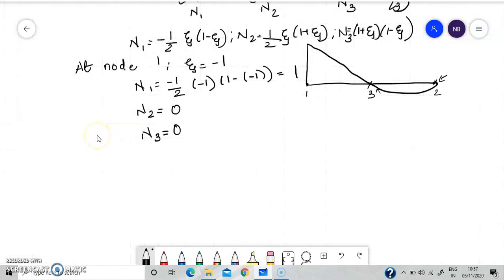The same we have to do for node 2. So at node 2 we know that zeta equals 0. Substituting the value, we will get n1 as 0, n2 as 1, and n3 as 0.